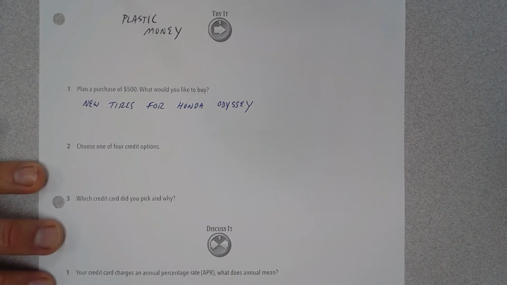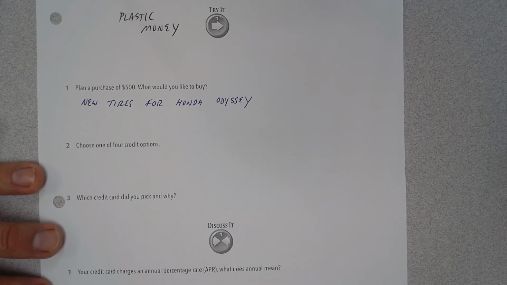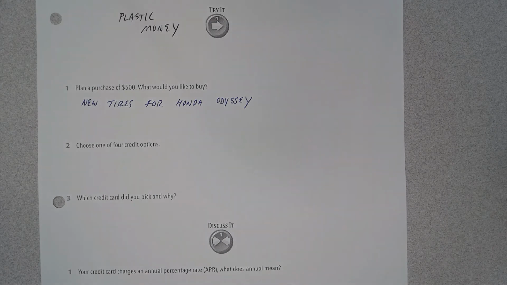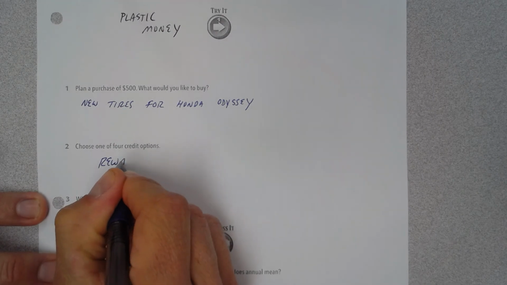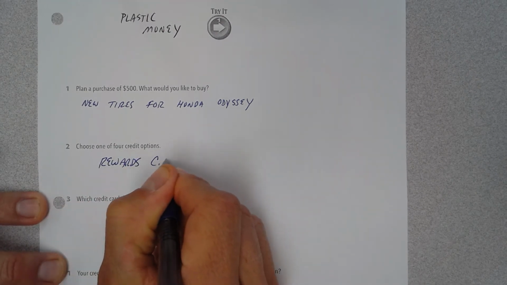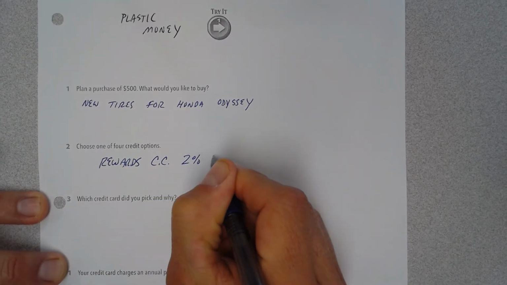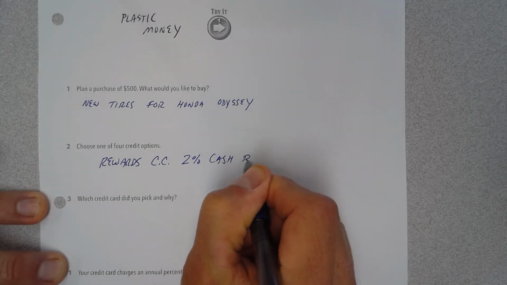The four credit options. We briefly talked about the different types of credit cards. The current credit card that Miss Jagley and I have is a rewards card, and we get 2% back. So I am going to choose my rewards credit card, 2% cash back.